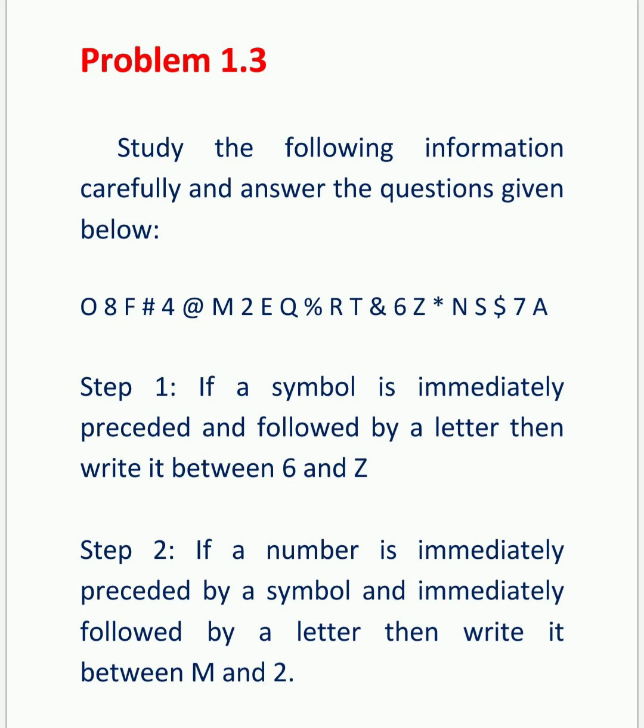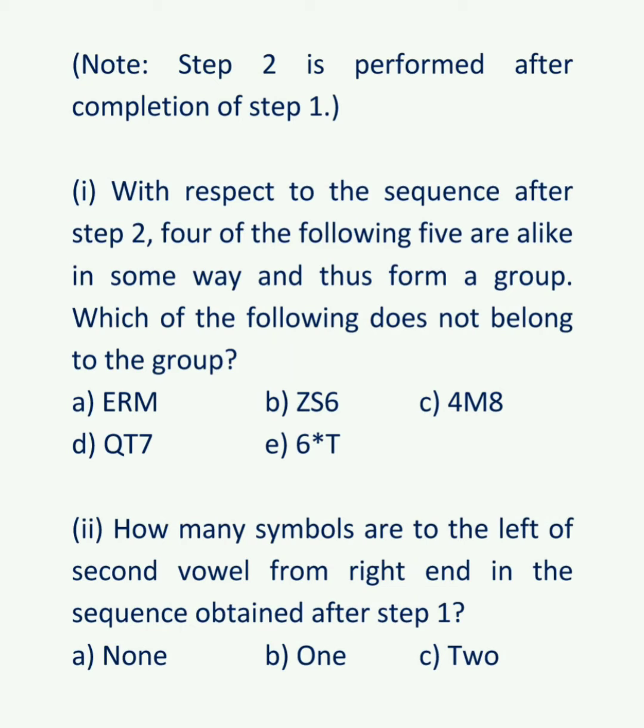So if we find a number satisfying these 2 conditions, then we write it between M and 2. And a note is given: step 2 is performed after completion of step 1. So first is step 1, then step 2, right?